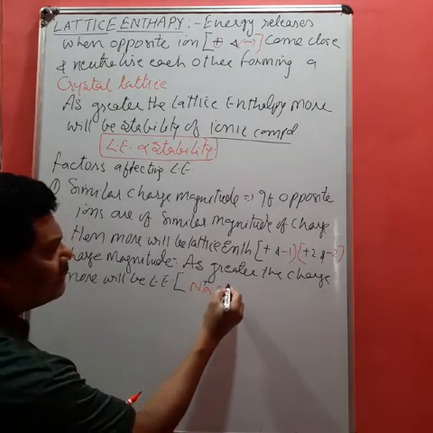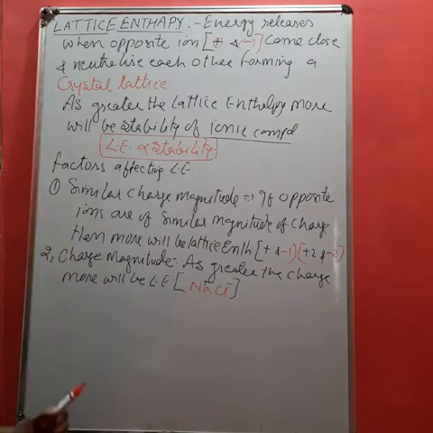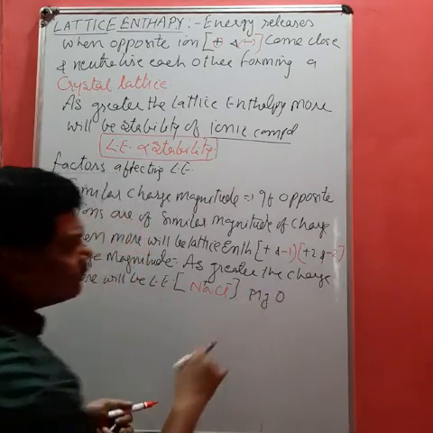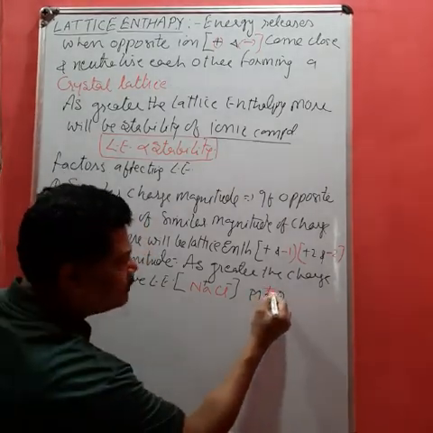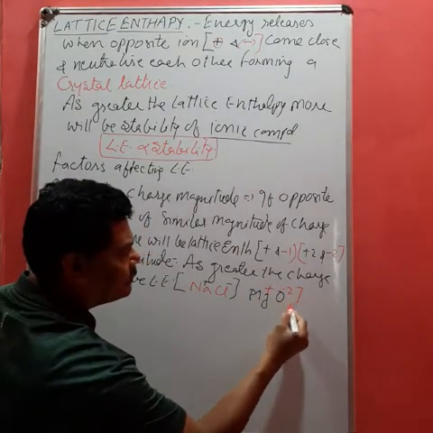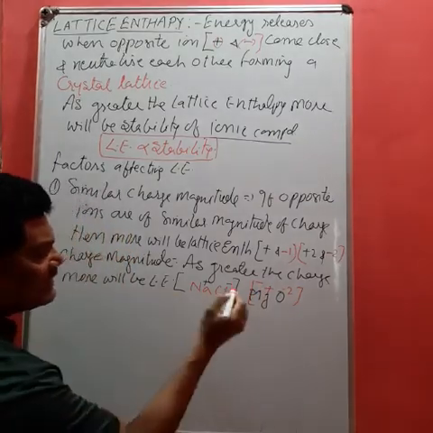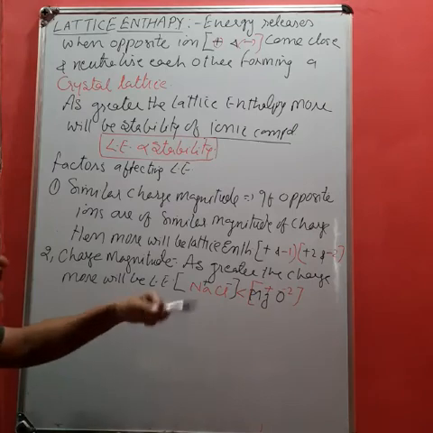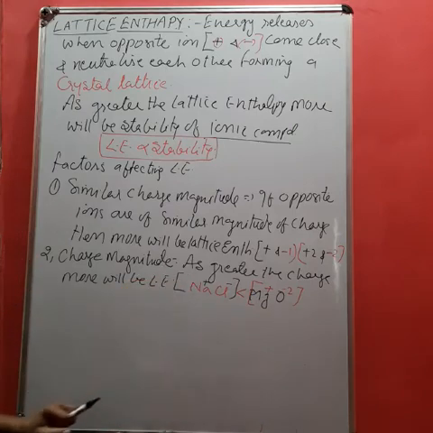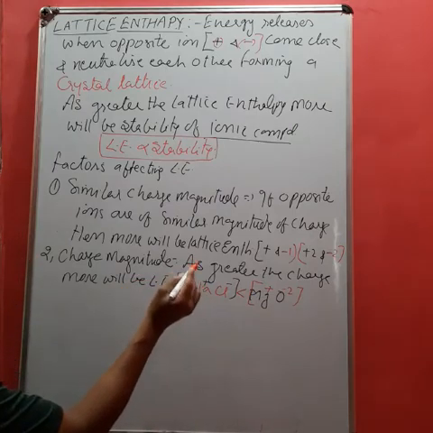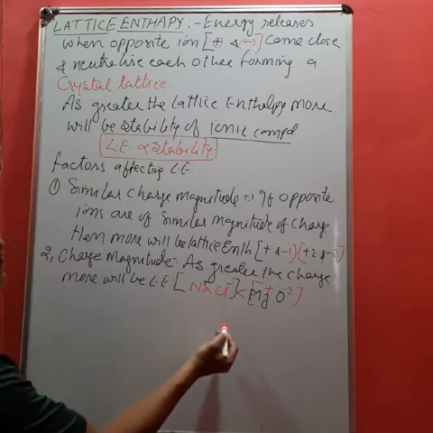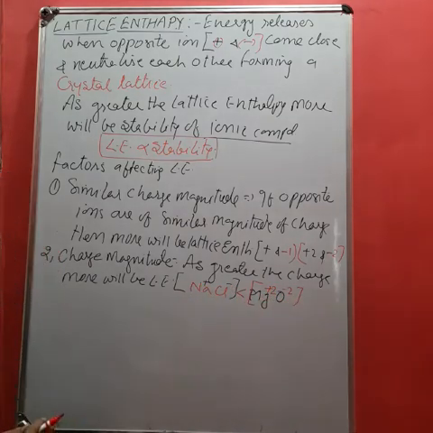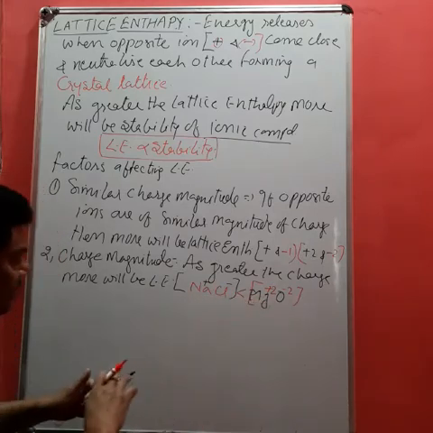Plus 1 and minus 1, isn't it? But if we say Mg and O, so Mg has 2 charge, this is minus 2 charge. So what? The lattice enthalpy of MgO will be higher as compared to NaCl, because in NaCl the charge magnitude is 1 and 1, but here what? Plus 2 and what? Minus 2. That means its lattice enthalpy will be higher.